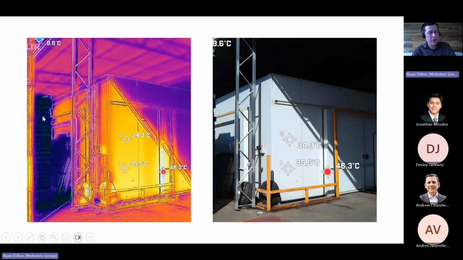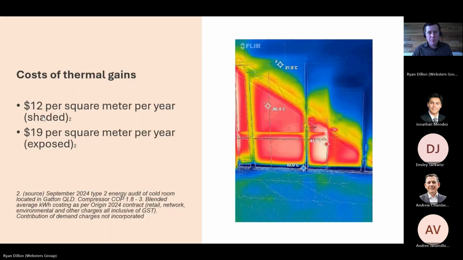So the strategy around locating the crates depends on the cold room location, and you have to access it. You can't always address and shade a cold room. But here, through the 2 temperature measurements from a calibrated thermal camera, we can see almost a 15-degree difference between the shading and that incident sun at 9:30 in the morning.